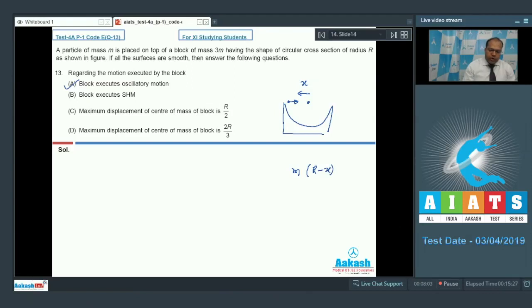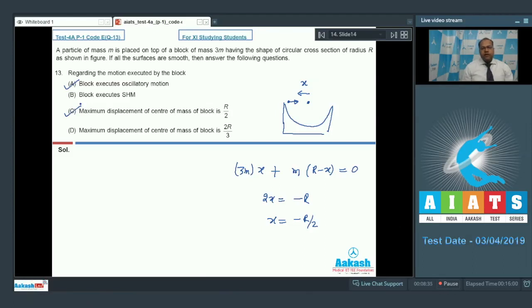So m into r minus x plus 3m into x, their summation must be equal to 0, as the center of mass displacement in the horizontal direction is 0. So if I solve this, then 2x comes out to be minus r, or x comes out to be minus r by 2. So option C is also correct. So the correct answer for question number 13 are option A and C.